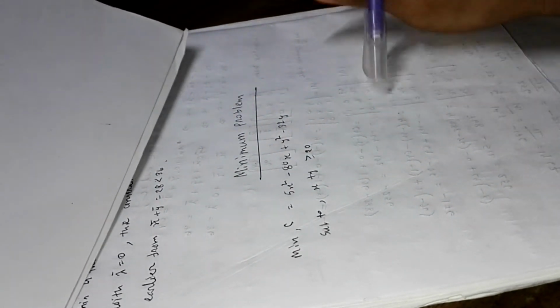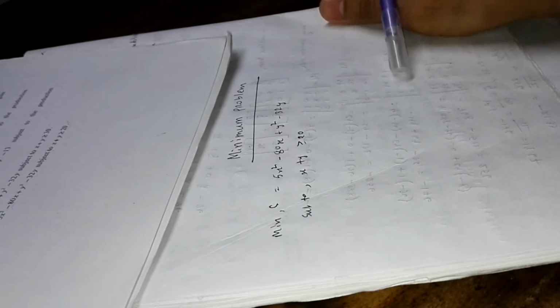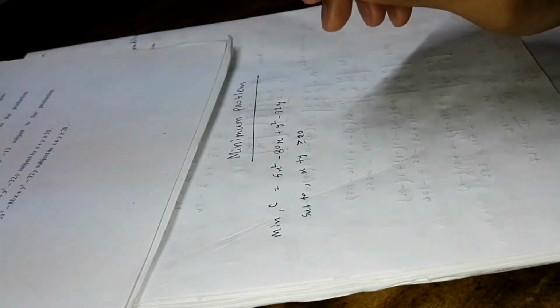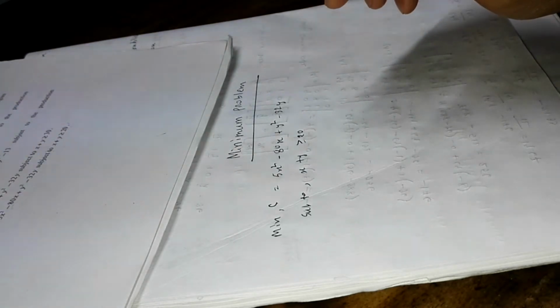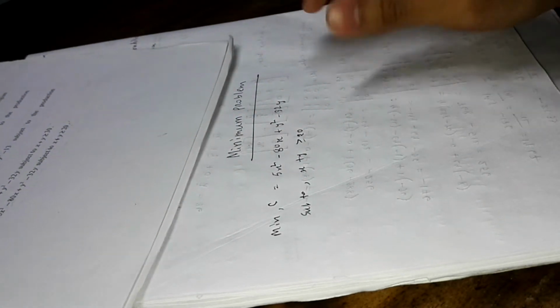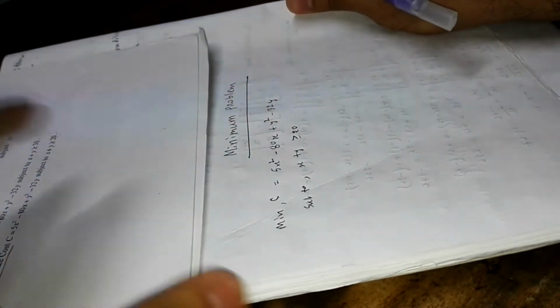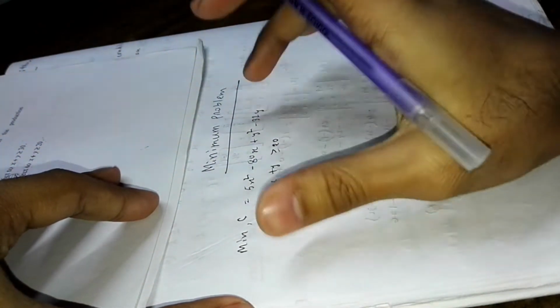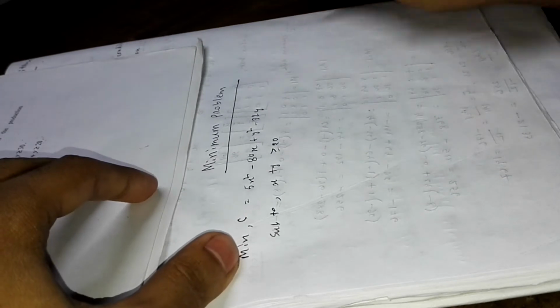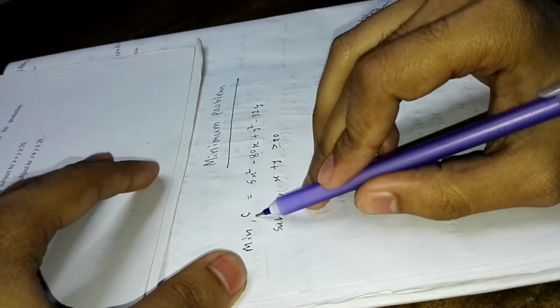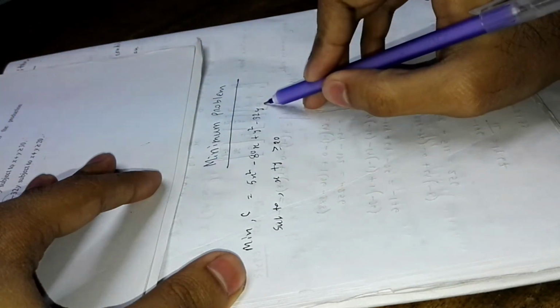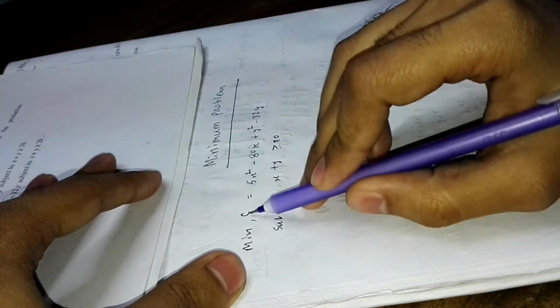All right. First, when the problem is minimum, it is very tough to solve it. So what we have to do in this case is convert this minimum problem into a max problem. How are we going to do this? Just multiply the objective function by minus 1.